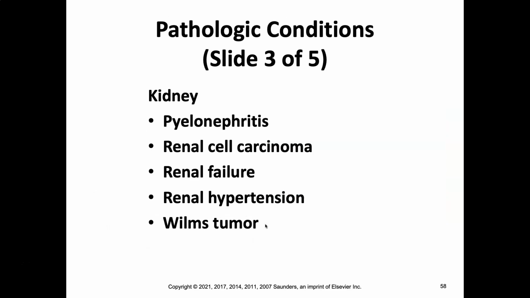Pyelonephritis is a very common one that I see in hospitals. Renal cell carcinoma, absolutely. When it comes to any type of cells, you can have carcinoma. Renal failure, renal hypertension, because remember, we're talking about blood and blood pressure. Because you're filtering things out. And so when your kidneys fail, when you have renal failure and people end up on dialysis, you can see how serious it is.